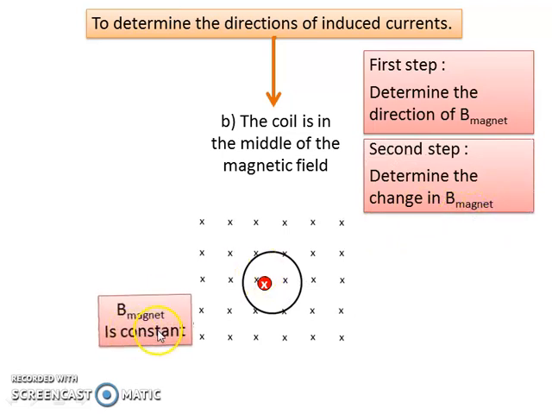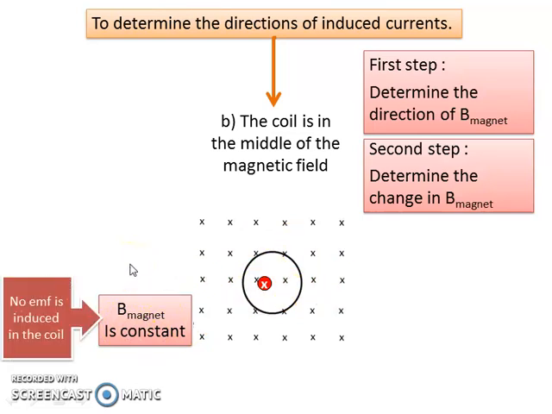The B magnet is constant because the coil in the middle of the magnetic field is always in the same strength of magnetic field. So the B magnet is always constant in the middle of the magnetic field.